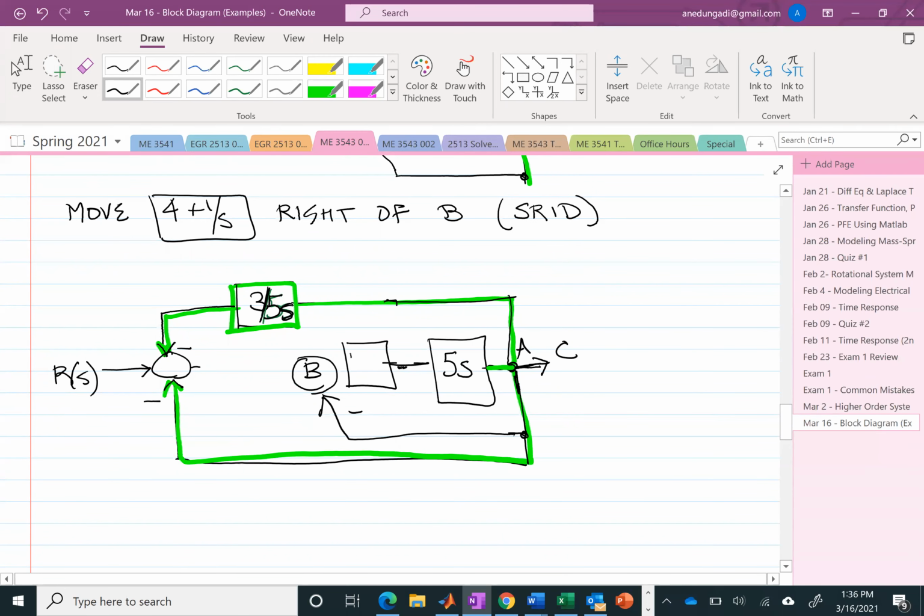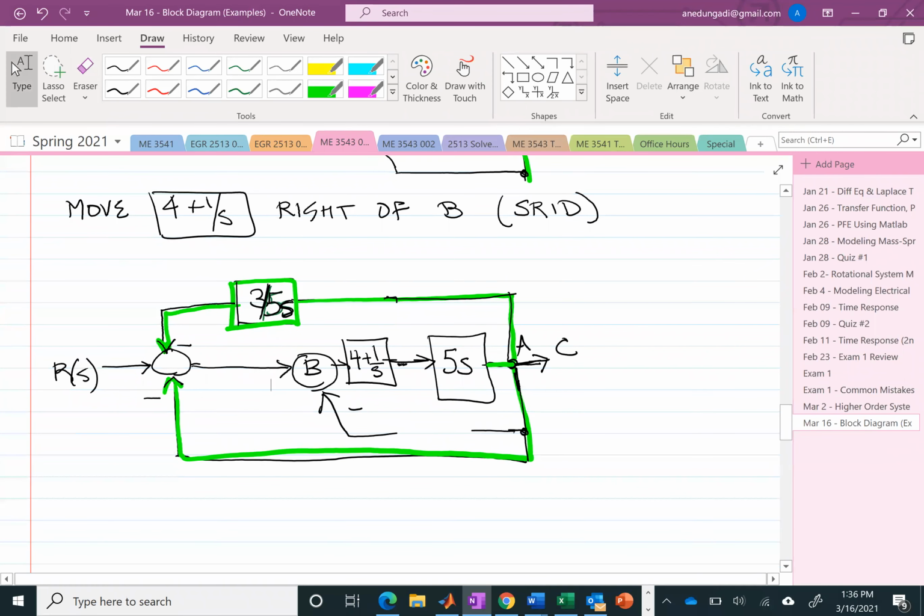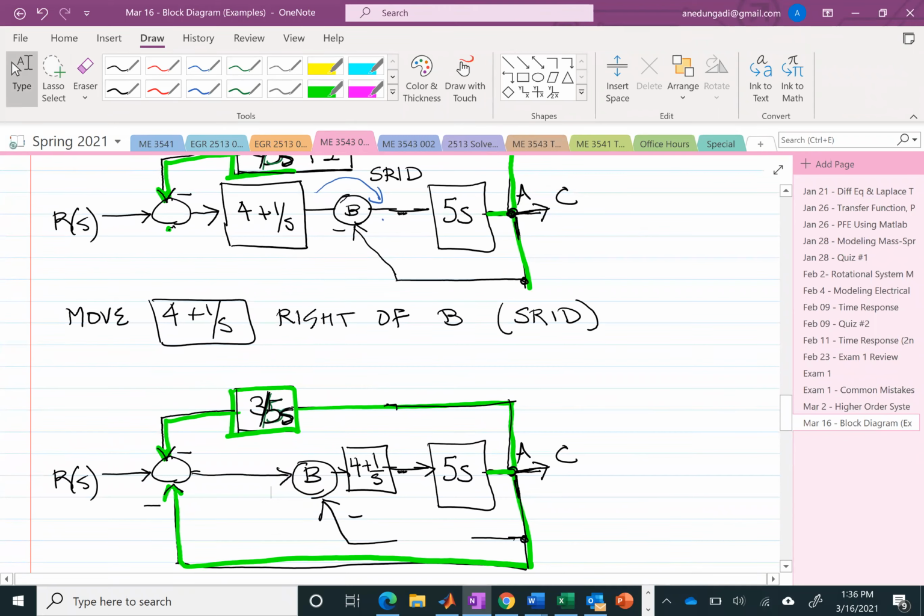So this is 4 plus 1 over S. So far, so good. But I have to divide by what I moved. So what did I move? 4 plus 1 over S. That's equal to 4S plus 1 over S. Do you agree with that?